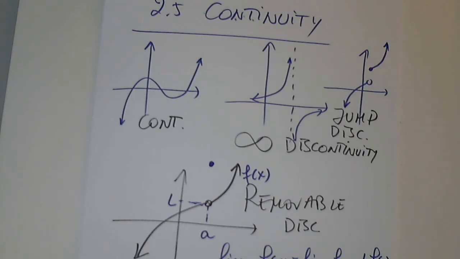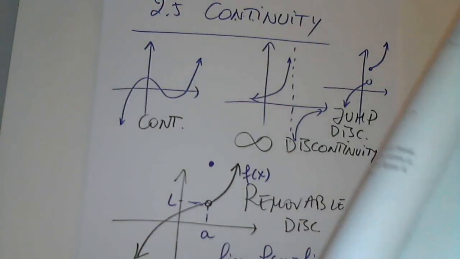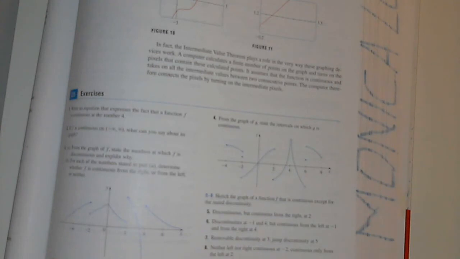Okay, so let's look at a graph here before we look at a few examples. Is this function continuous between -4 and -2?